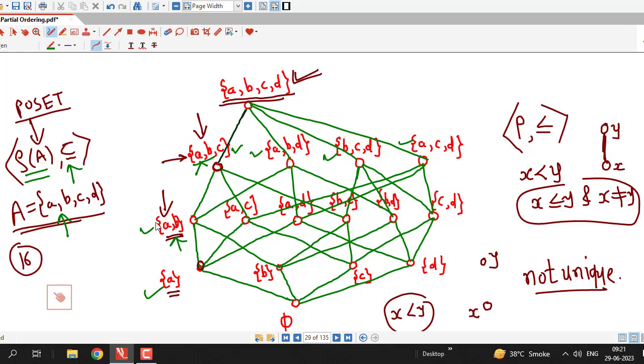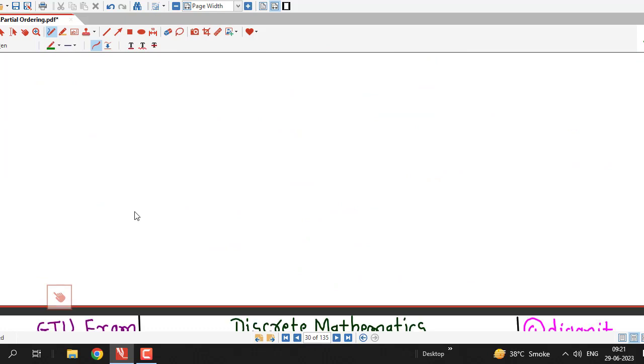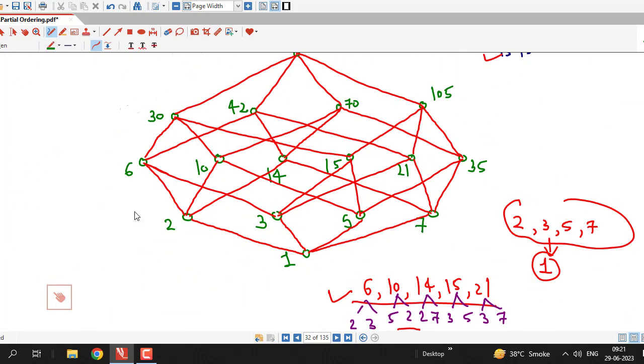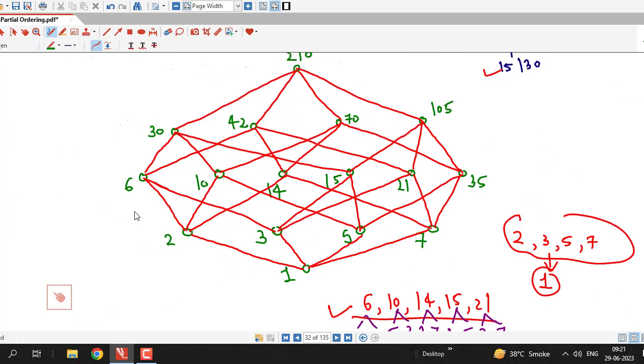And you can notice that this hasse diagram and the hasse diagram which we have drawn in this lecture for m equal to 210 are exactly the same. The only difference is here we have factors of 210, and in that case we had taken the power set of A where A equal to ABCD. We have taken subsets of ABCD.